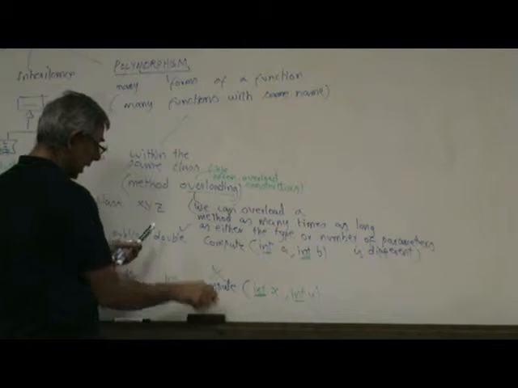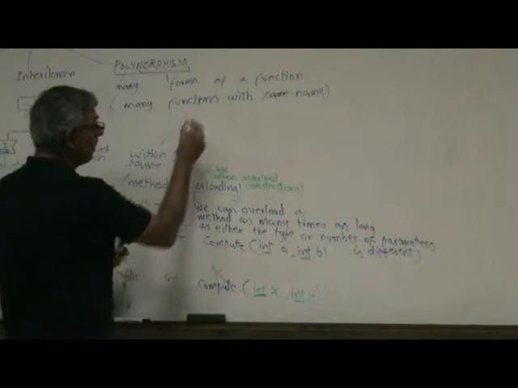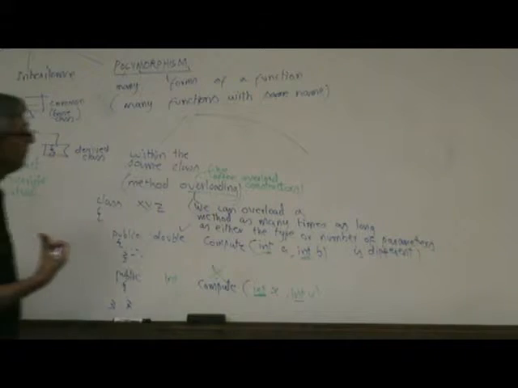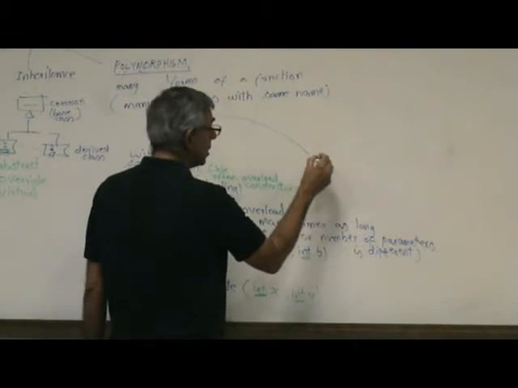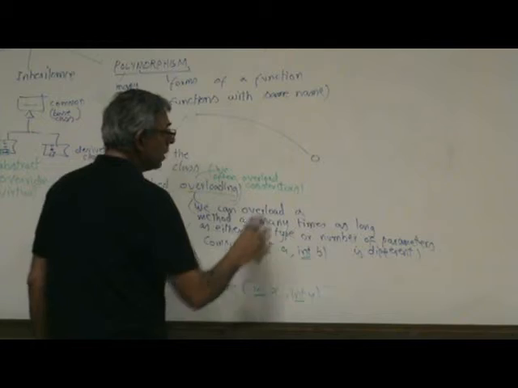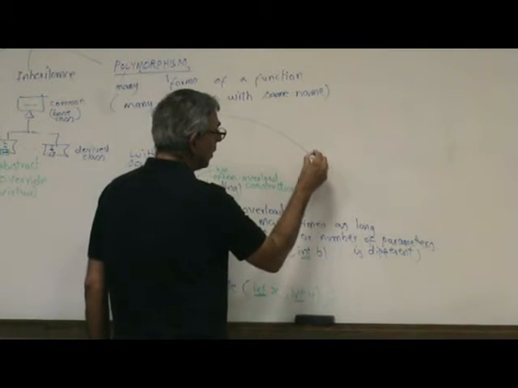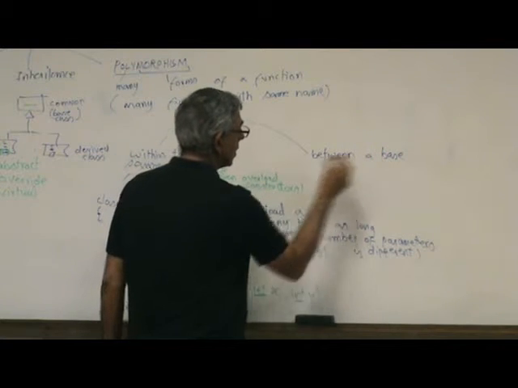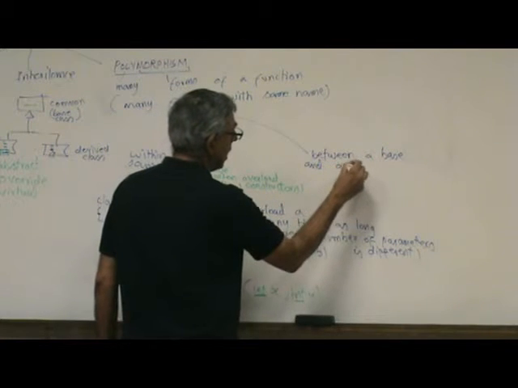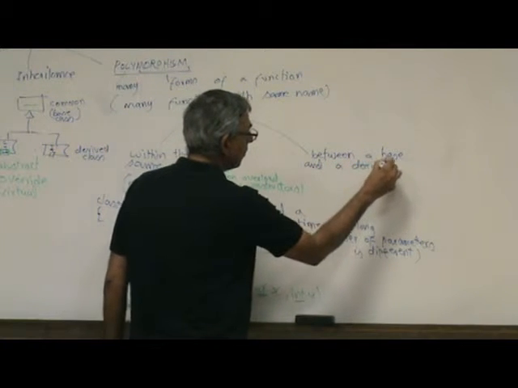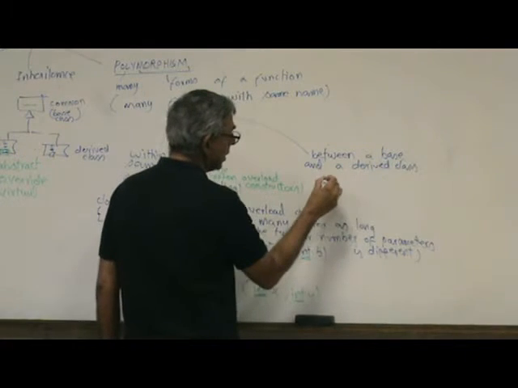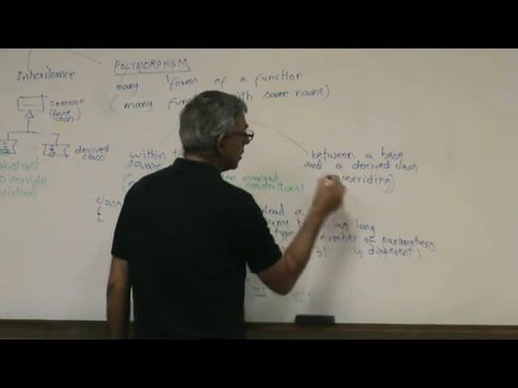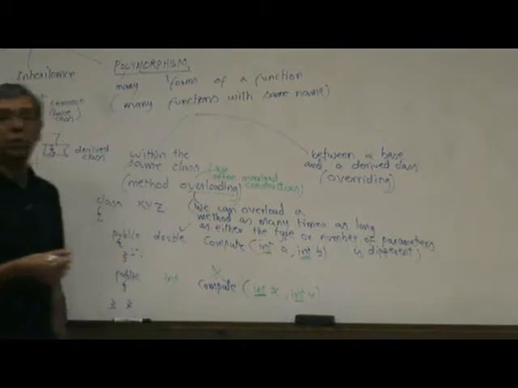Now let's take a look at the tricky form of polymorphism, or the more useful form of polymorphism, and that occurs between a base and a derived class. Okay, and this is called overriding, basically.